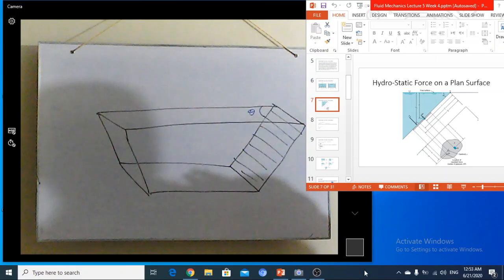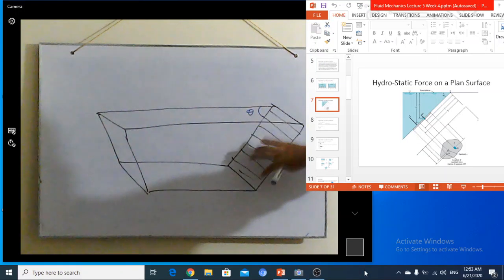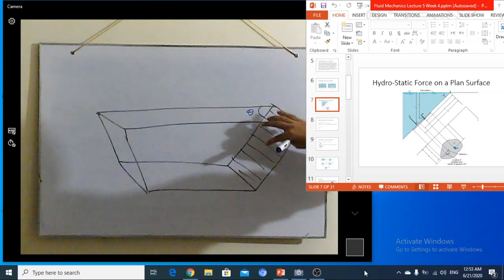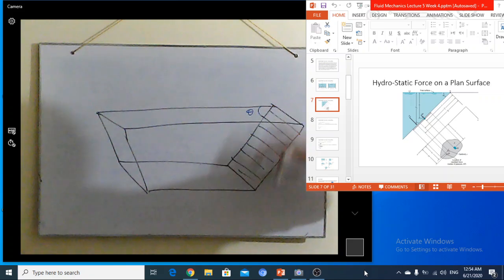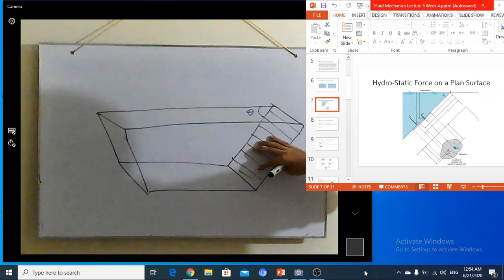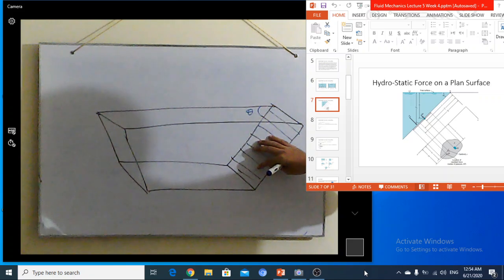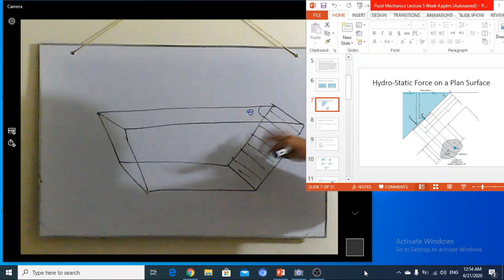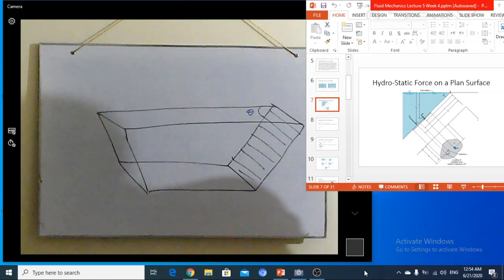So for the purpose of resolving this particular surface, if we want to resolve it in 3 dimensions, the problem becomes more complicated, and the derivation becomes more complicated.